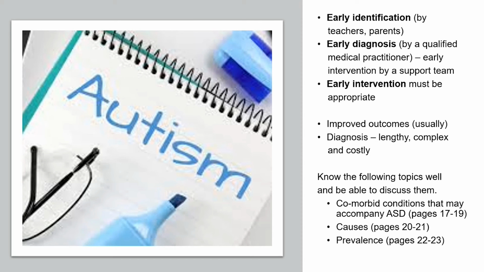As I've said, we do not definitively know what causes autism. There may be a range of possibilities, and this is discussed on page 20 and 21. And then we look at the prevalence and how this has increased recently over the past, say, 2 decades, and that is discussed on page 22 and 23.